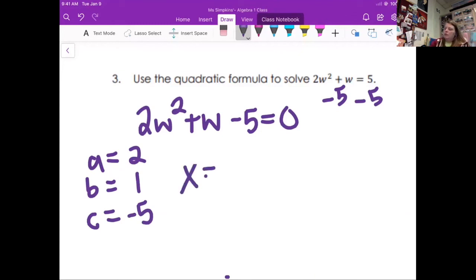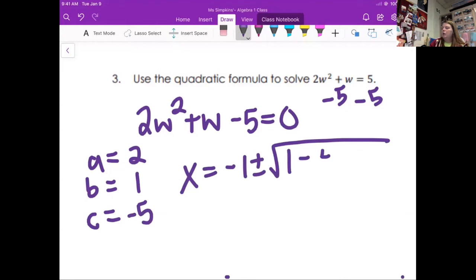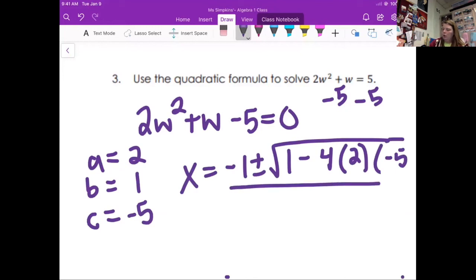X equals negative B, negative 1, plus or minus the square root of B squared, well, what's 1 squared? 1 minus 4 times 2 times negative 5, all over 2 times 2. See, A is not 1 anymore. A is 2, so you gotta multiply it. That's harder.